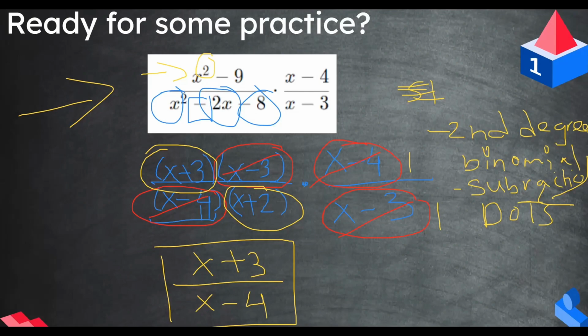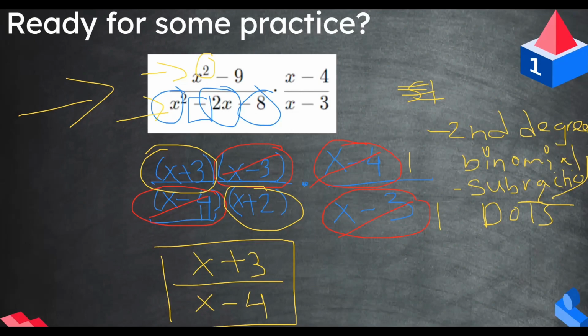Look at the bottom. Is that factorable? If yes, what type of factoring should you be doing? Look at this one. Well, there are 3 terms. If there are 3 terms, please do not look for difference of squares, and please do not look for sum or difference of perfect cubes, because it clearly is not. If there are 3 terms, you're supposed to do trinomial factoring. How do you do trinomial?